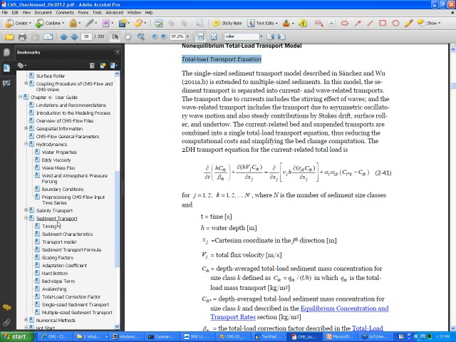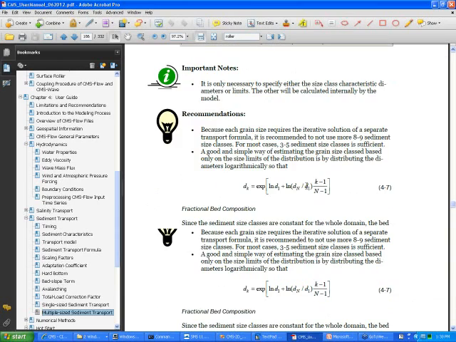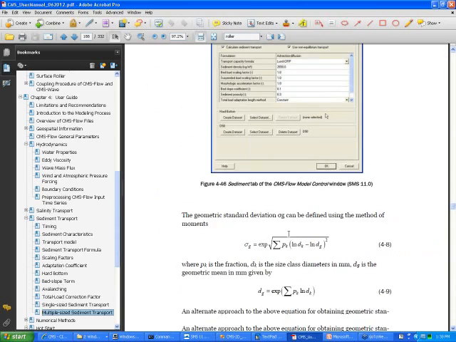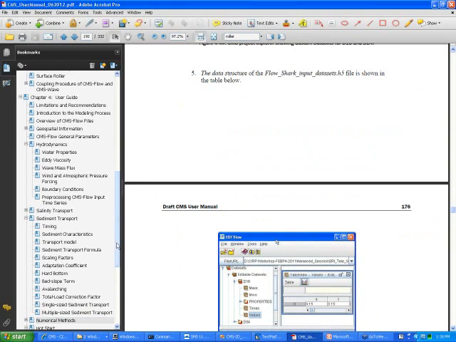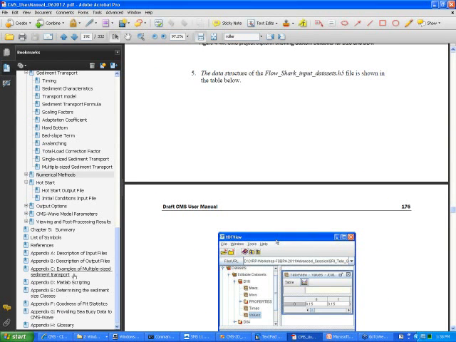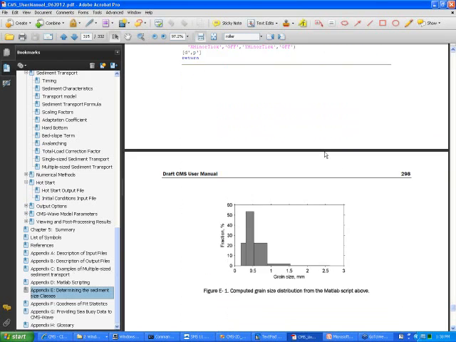If you go to Chapter 4, Sediment Transport, Multiple Size Sediment Transport, no, actually the figure I'm looking for is in Appendix E, determining the size classes.